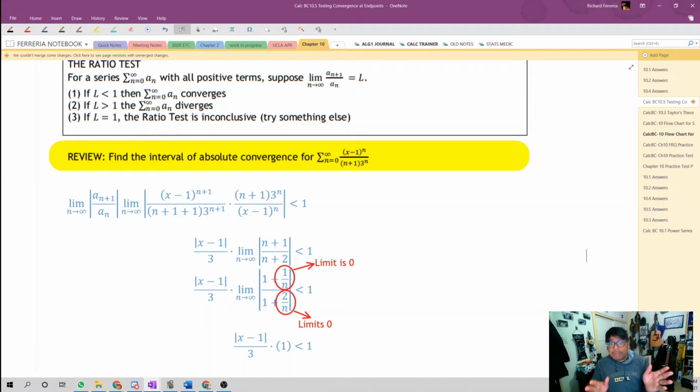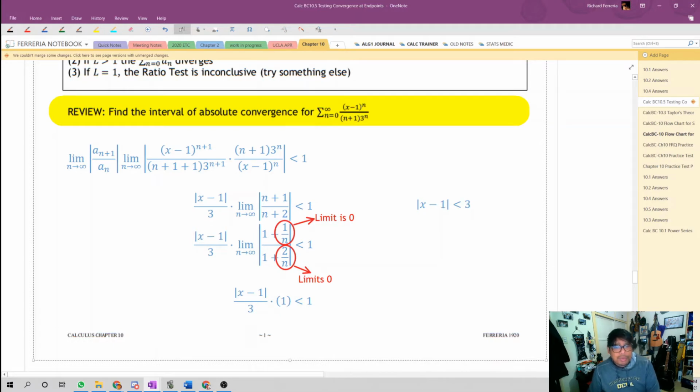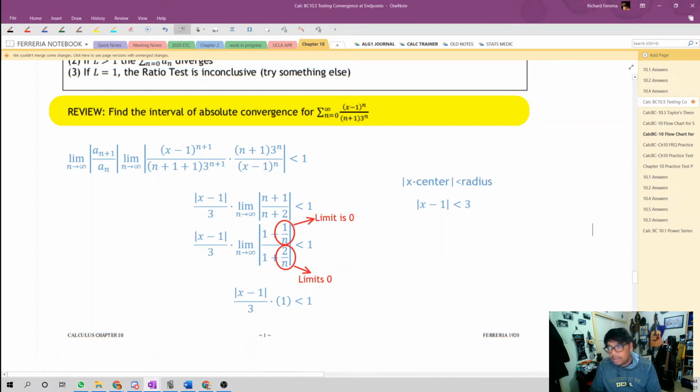leaving us with the absolute value of (x minus 1) over 3 is less than 1, which simplifies to the absolute value of x minus 1 is less than 3. We compare that to the absolute value of x minus center is less than the radius, and it doesn't seem like we need to do any more algebra to make those two inequalities fit with each other.